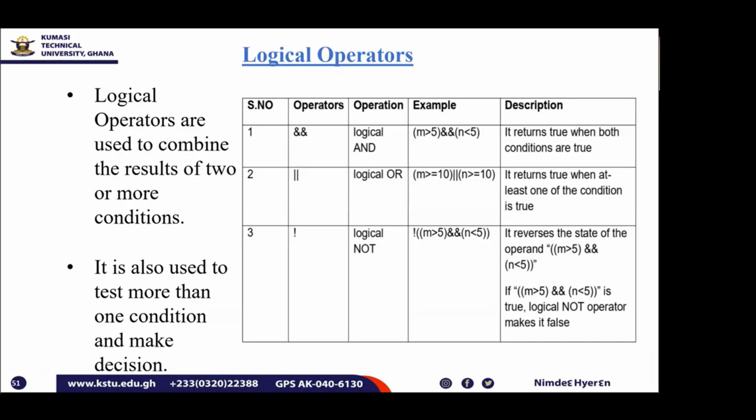So look at an example here. M greater than 5, all in bracket, and n less than 5, all in bracket. So in this case, a certain decision will be taken based on these conditions. And what will happen is that that decision can only be performed when both conditions, that is m greater than 5 and n less than 5, are all true.